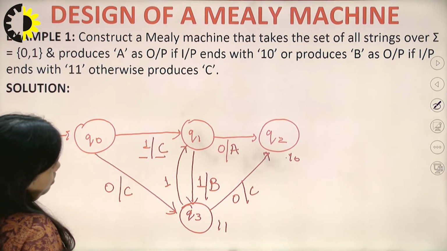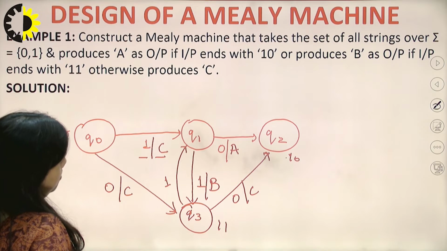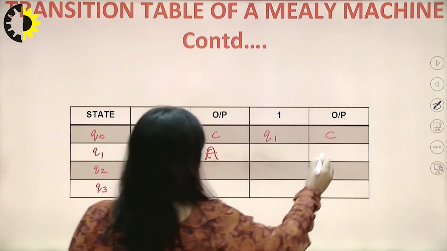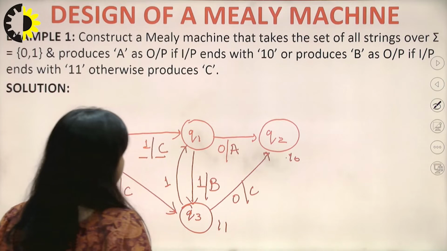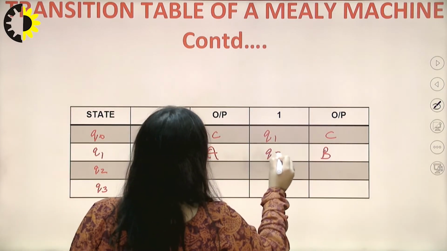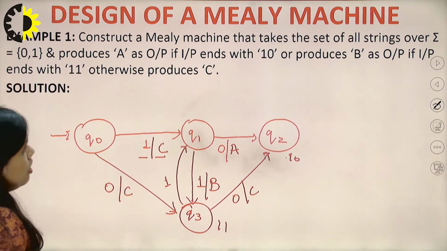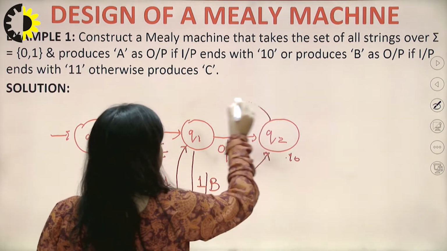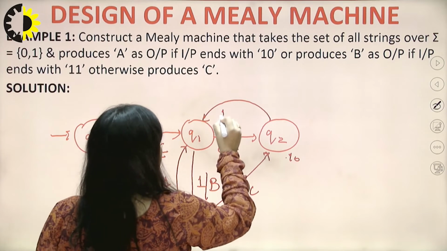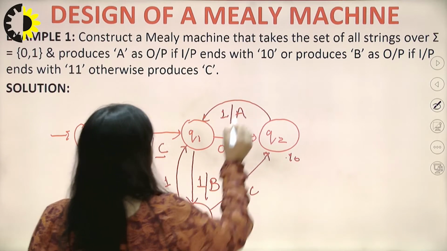With 1, what are we getting? Output B, and state Q3. Similarly, what does Q2 return? We have not drawn anything for Q2 yet.